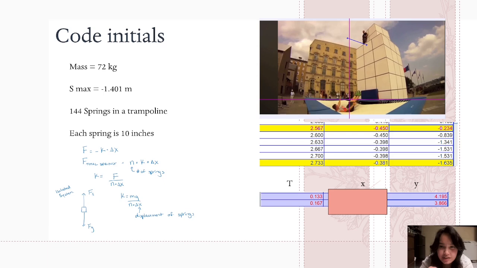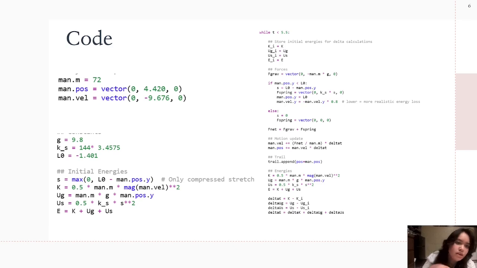So during our calculations, I was able to find the point at which Christoph hits the trampoline to the lowest point that he reaches within the trampoline, and that would be equal to the max displacement found. I was able to find that it is approximately 1.4 meters. So those were written into our code, as well as the initial position that was found with Tracker.